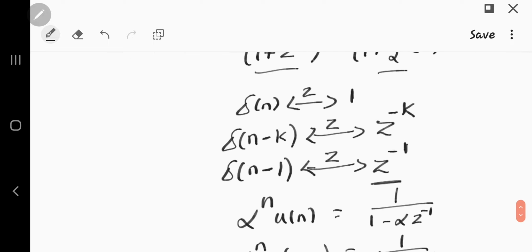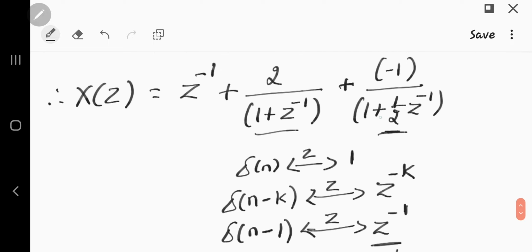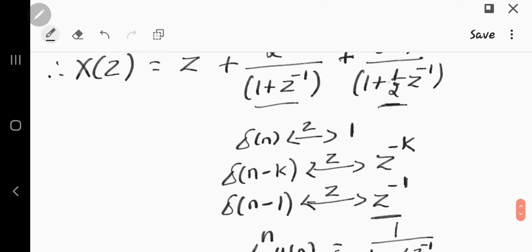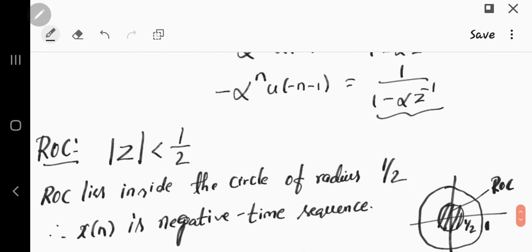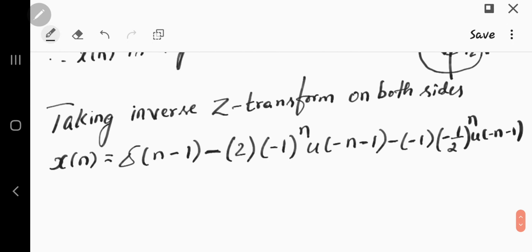I'll just show it here. Now in place of alpha we have -1 by 2, so you can have this for your reference. So that's why we have written minus there.